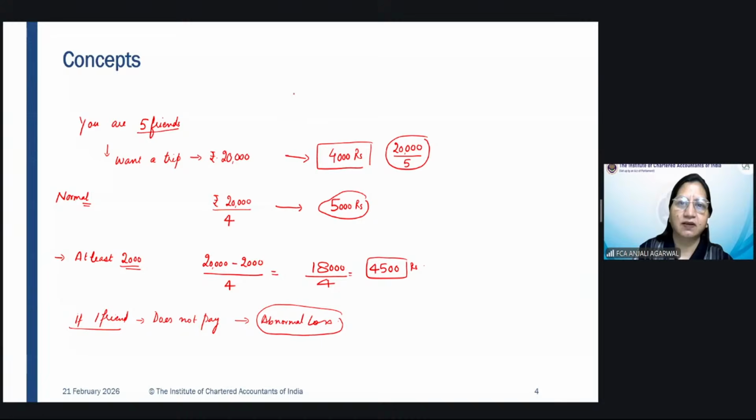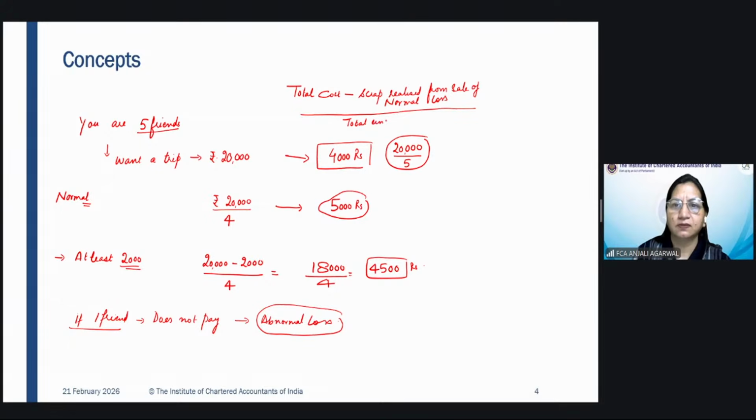And basis this, remember this one formula I'm writing here. Total cost minus scrap realized from sale of normal loss, divide by total units minus normal loss units.